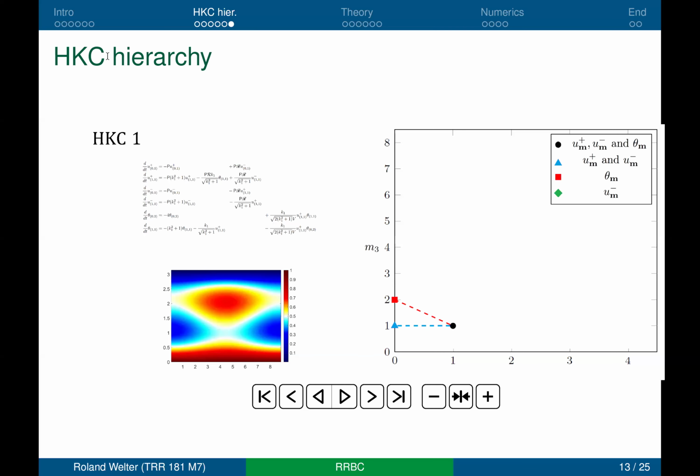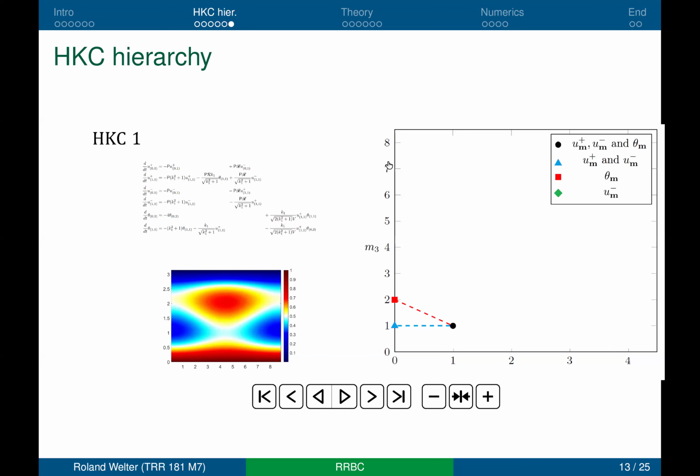I should say this then creates a hierarchy of models where we look at increasingly large index sets, and the ODEs corresponding to the sequence of index sets is called the HKC hierarchy, Howard Krishnamurti Coriolis, after some people who first were studying energy consistency in mode truncated models.